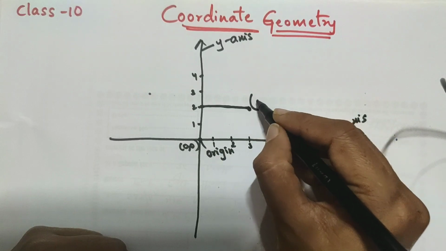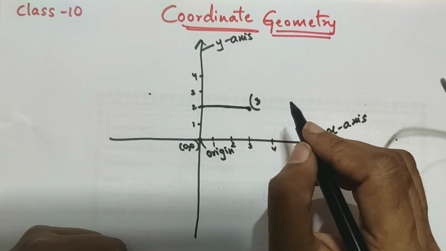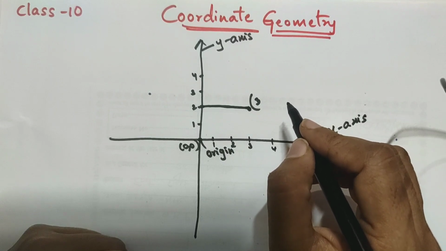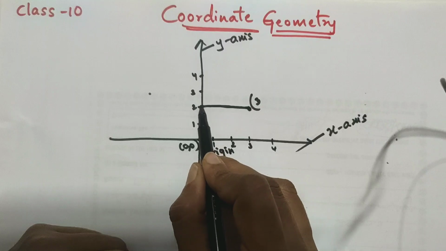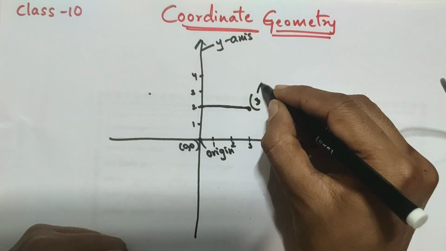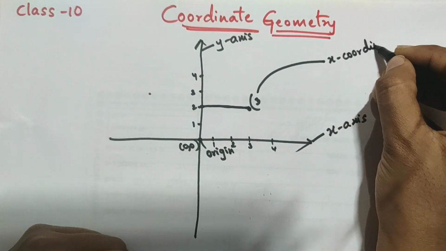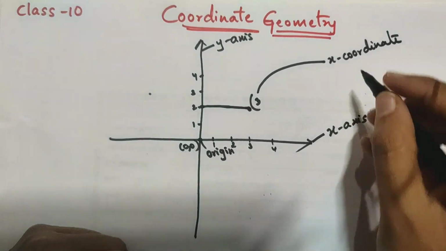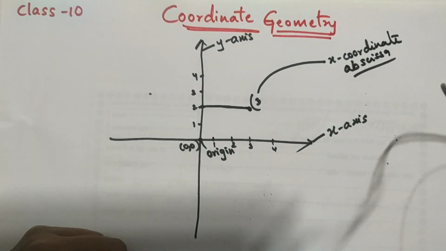So this will be 3, and this is called the x coordinate. The x coordinate is the distance of the point from the y-axis. This 3 is called the x coordinate, or you have another name, abscissa.